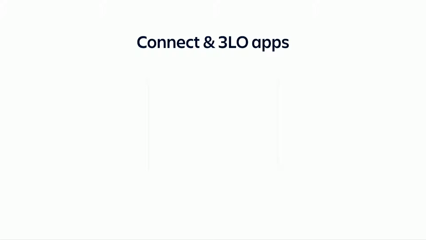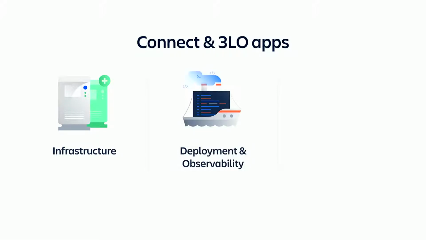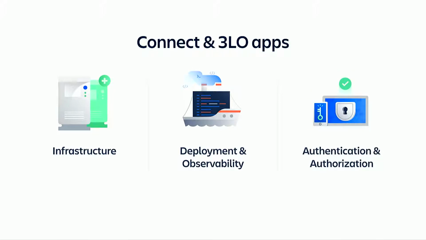So in order to set everything up, you need some infrastructure, like servers, load balancers, and so on. You also need a way to deploy your application to that infrastructure, and if you want to make everything by the book, you probably need some monitoring to make sure your application is working correctly. And also you need to learn and implement lots of new things like authentication and authorization flow, which is quite complex.